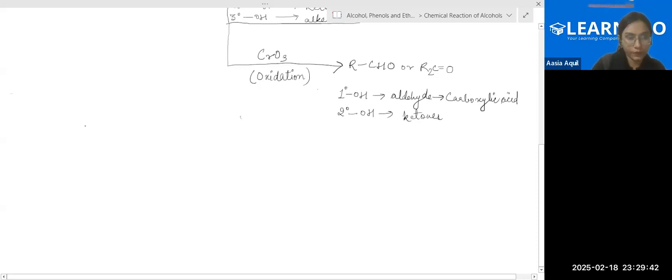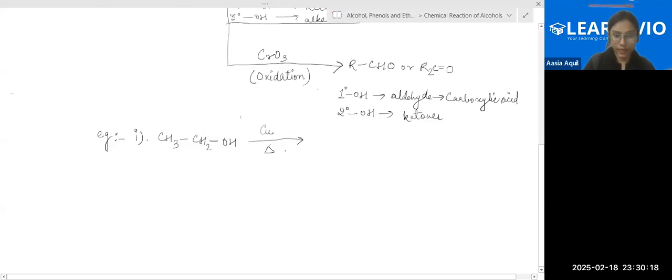First example. Let's take primary alcohol, CH3CH2OH. So this is basically a primary alcohol. When you add copper and provide heat, what will happen here?